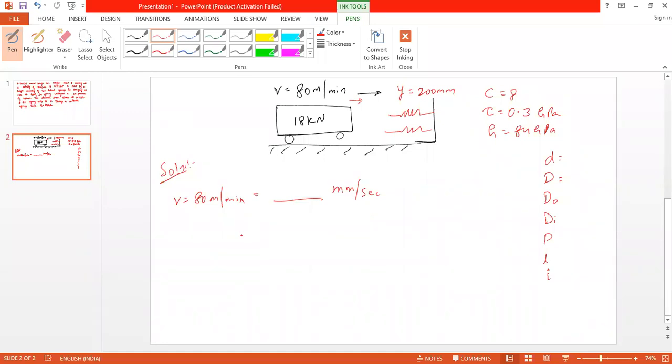Eighty divided by 60, I divided in meter per second, and that is equal to 1.33 meter per second. That is equal to 1333 mm per second, right?